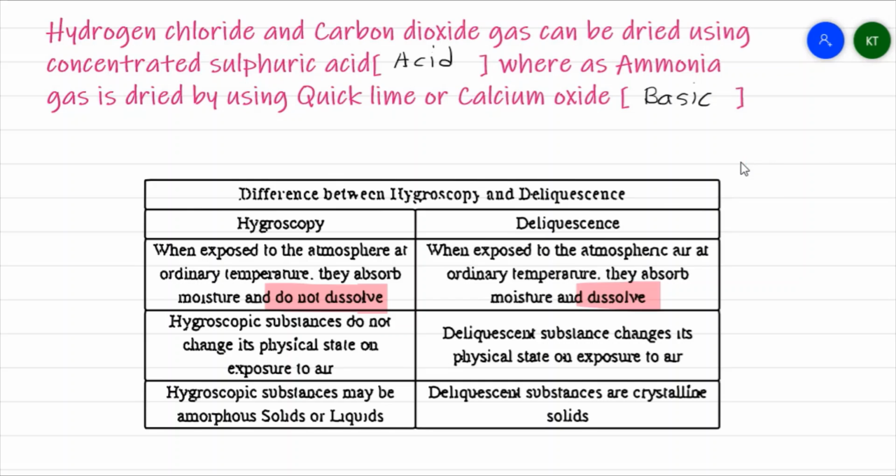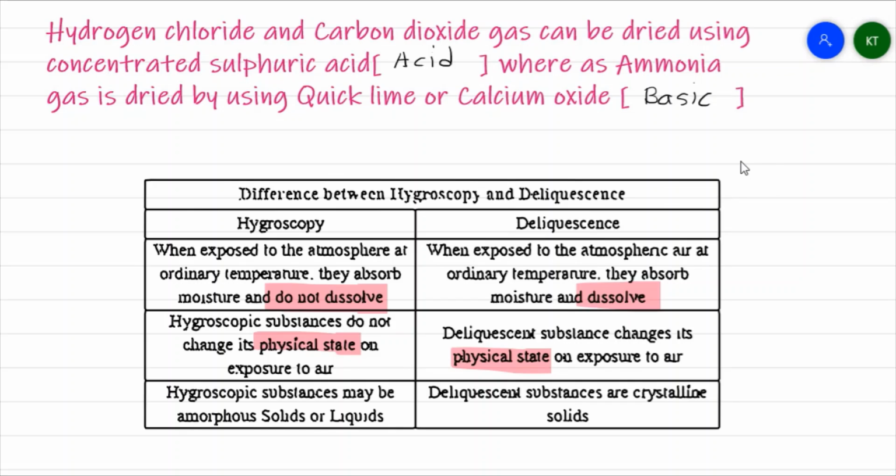Then, hygroscopic substances do not change their physical state on exposure. That means if it's solid, it will remain solid; if it's liquid, it will remain liquid. But deliquescent substances generally undergo a change of physical state. For example, if you keep solid sodium hydroxide in the open, after some time, maybe half an hour or so, we'll see a saturated solution. That means solid sodium hydroxide turns into a liquid, so a change in physical state is seen.